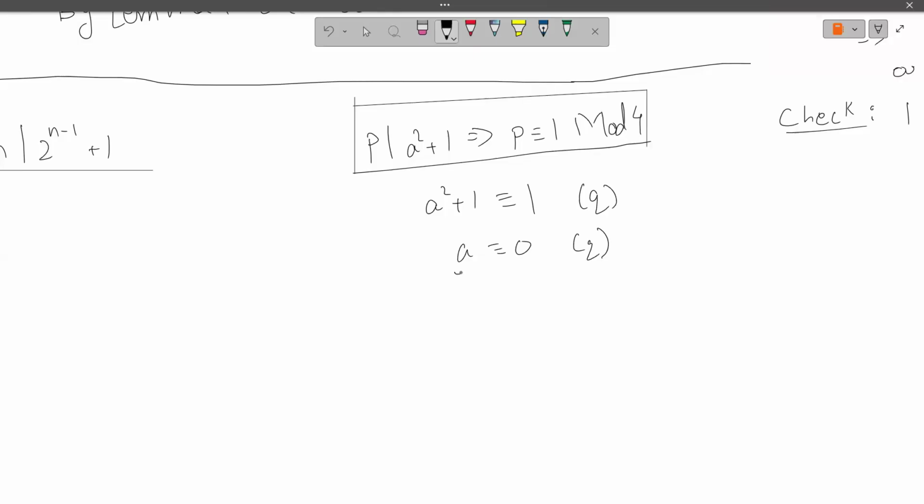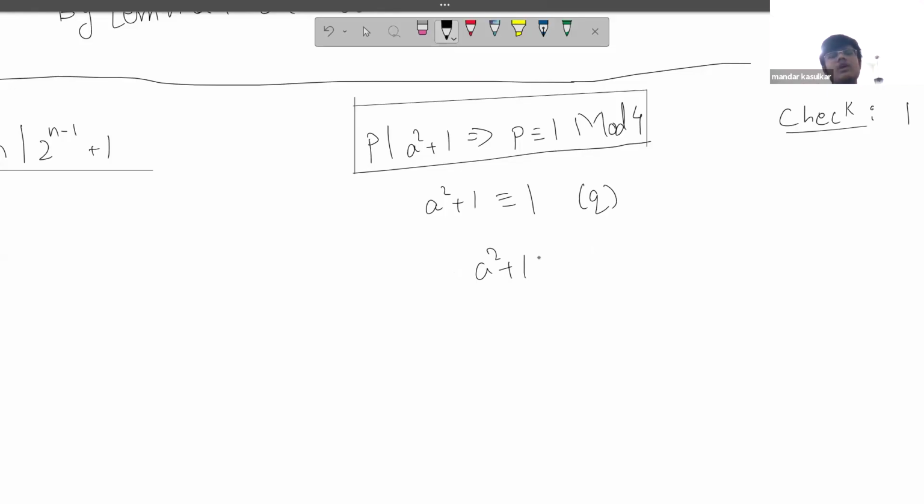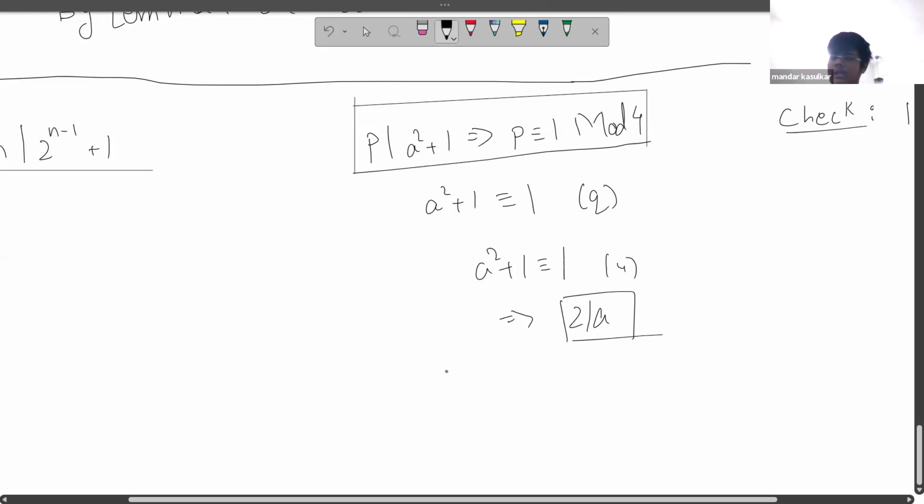But observe that mod 4, okay, that is a good idea. Oh wait, observe that a squared plus 1 congruent to 1 mod 4 implies that 2 divides a. But this gives us no new information about p itself.